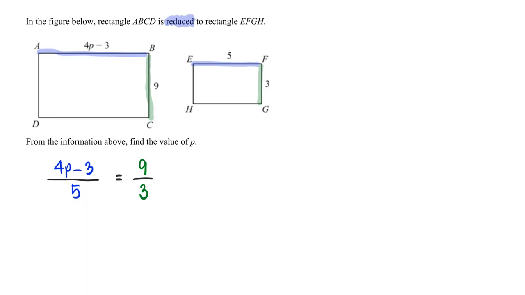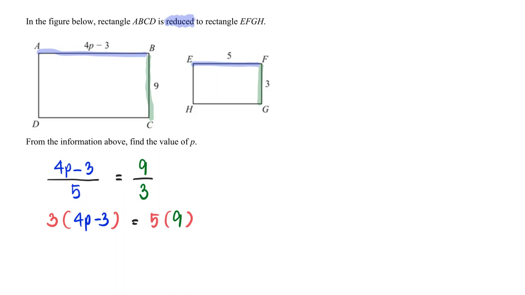I'm going to multiply by 15 on both sides, such that the next line you would see 3 multiplied by (4P minus 3) equals 5 multiplied by 9.